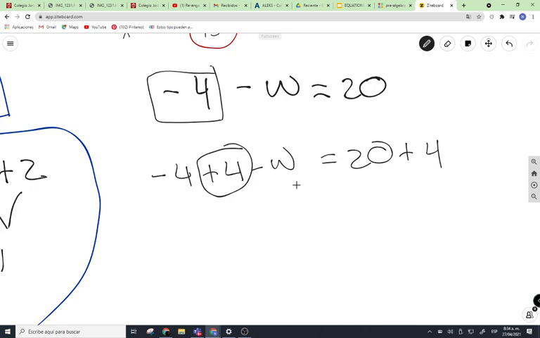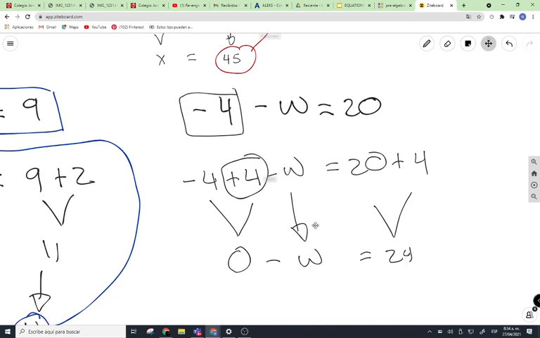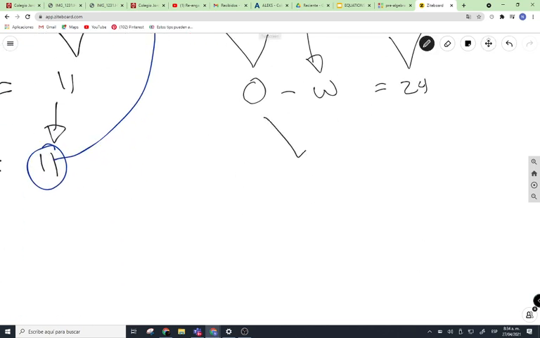Now, 20 plus 4 is 24. Easy. Negative 4 plus 4 is 0. And 0 minus w, you see, it's a negative w. It works like any other number. Imagine 0 minus 3, it's negative 3. 0 minus 7, it's negative 7. 0 minus w is negative w. So negative w is 24.